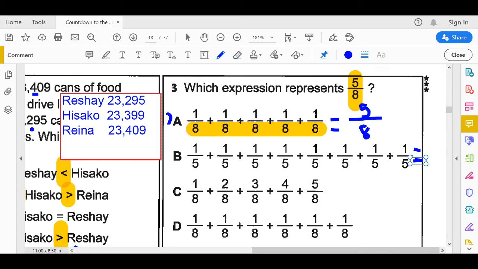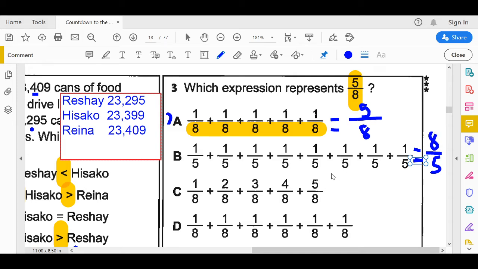So I'm going to put my equal symbol there, and then I'm ready to add. Remember, the number at the bottom is the same. I'm just going to copy it right here. That's a 5. Don't need to do anything there. I just copy the number. The number at the top, we add them. So that will be 1, 2, 3, 4, 5, 6, 7, 8. That will be 8.